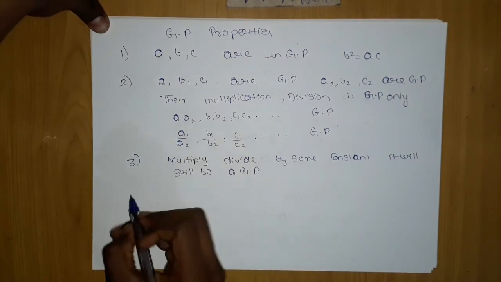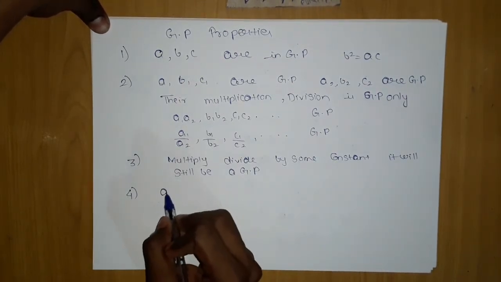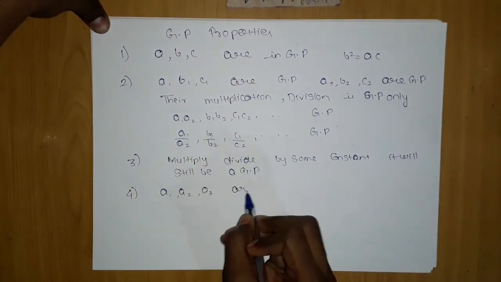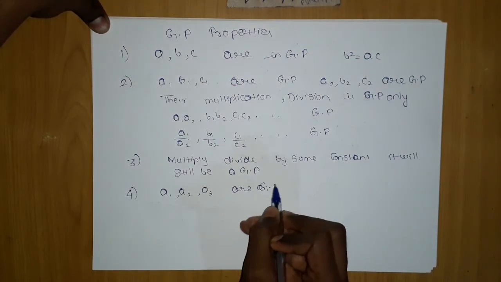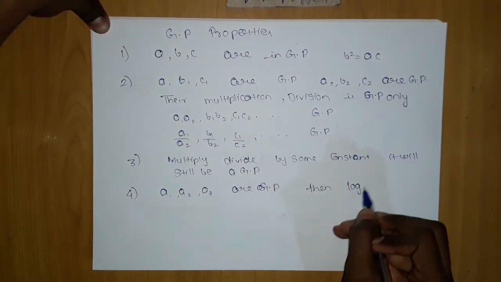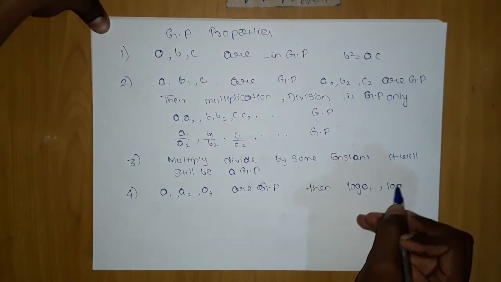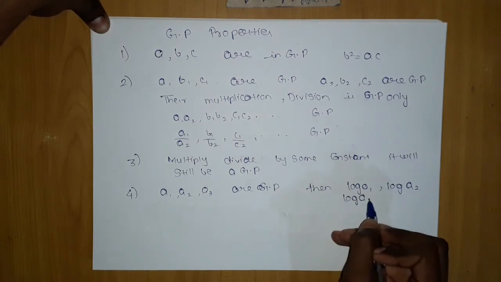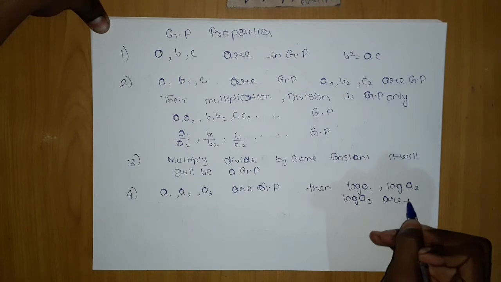Now the fourth property: if A1, A2, A3 are in GP, then log A1, log A2, log A3 are in AP.